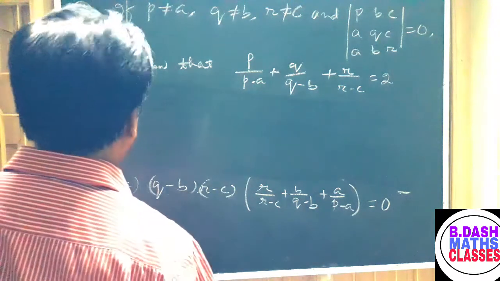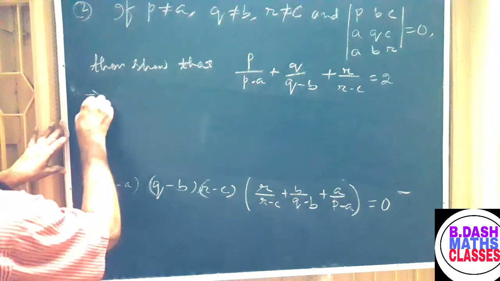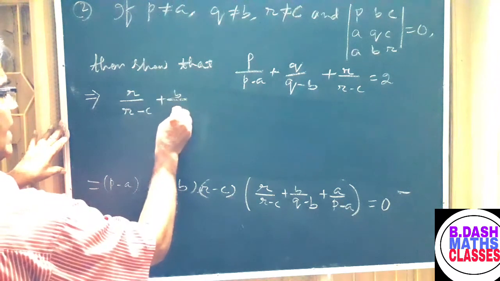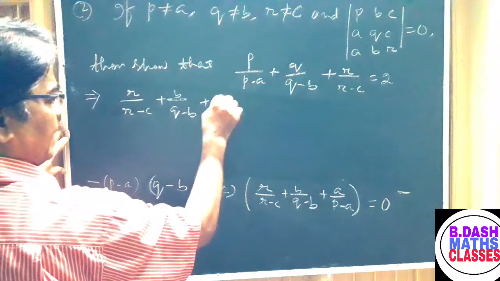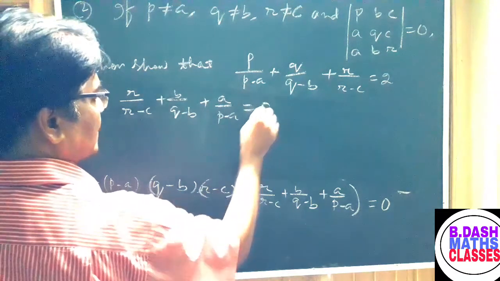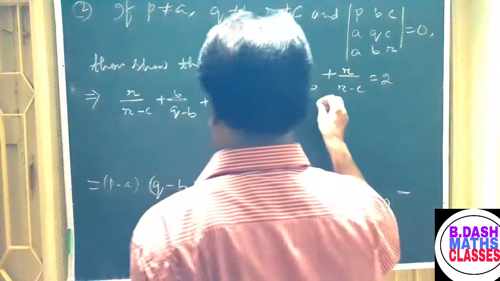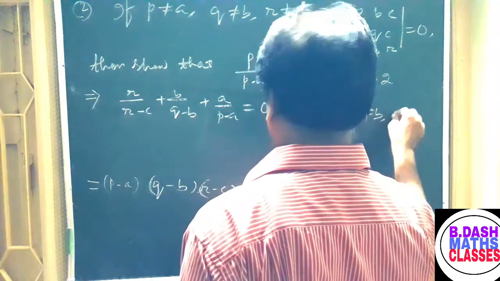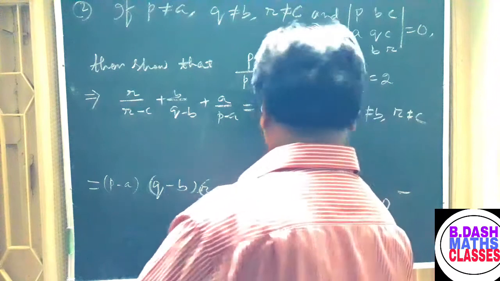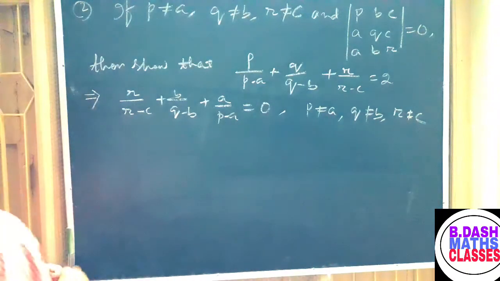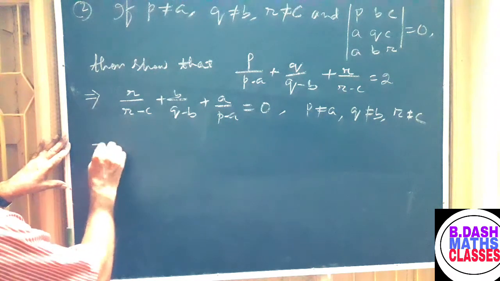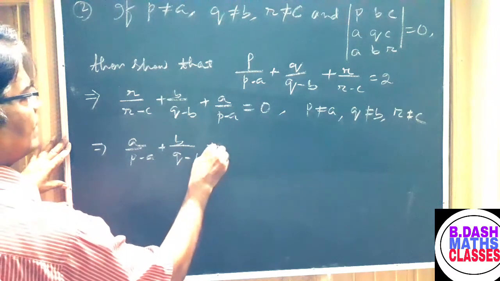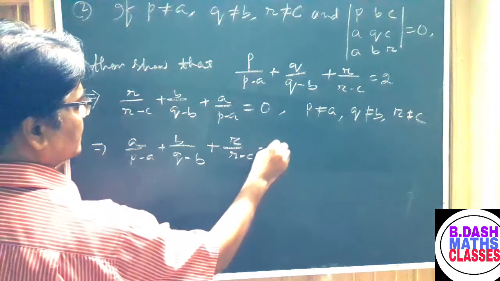So then we get, this implies R by R minus C, B by Q minus B, A by P minus A is equal to 0, because here P is not equal to A, Q is not equal to B, R is not equal to C. So this implies A by P minus A, B by Q minus B, R by R minus C is equal to 0.